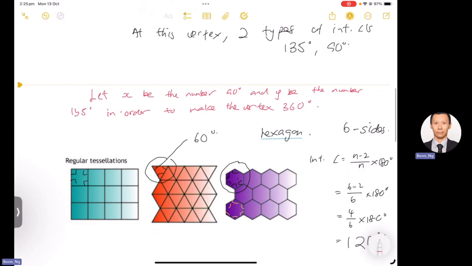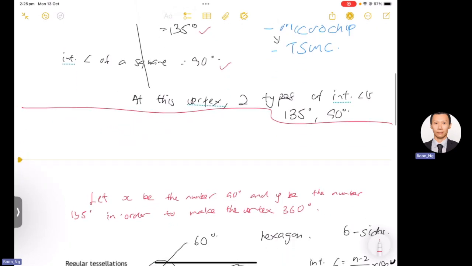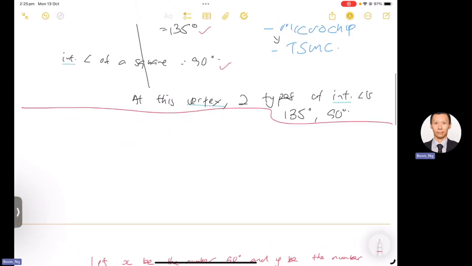I'm running out of space. So for the formula, let's use this space. So it will be 90x plus 135y equals 360.